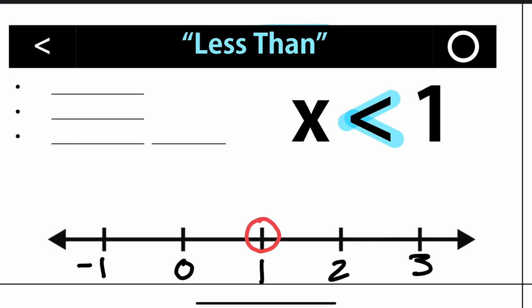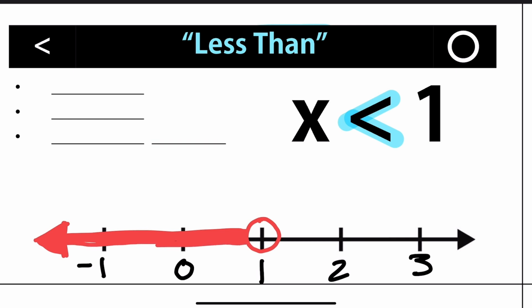This statement says that it's going to be less than, so we have it pointing in this direction. That's the direction we're going to fill in on our number line over here. I am going to put in the arrow, and we're going to bold or highlight this side of our number line to show that we need to go in the smaller direction.